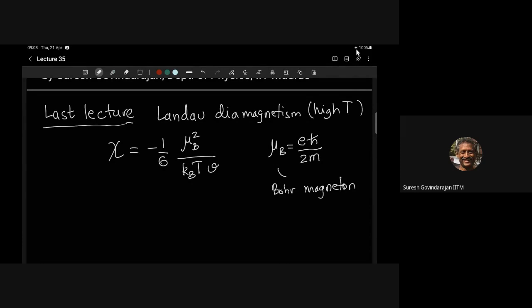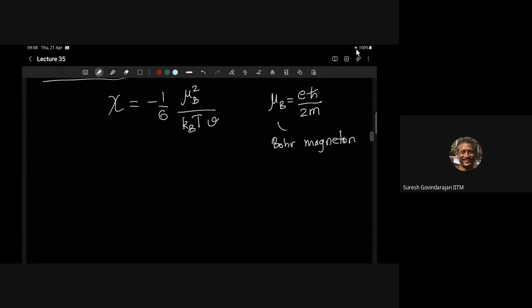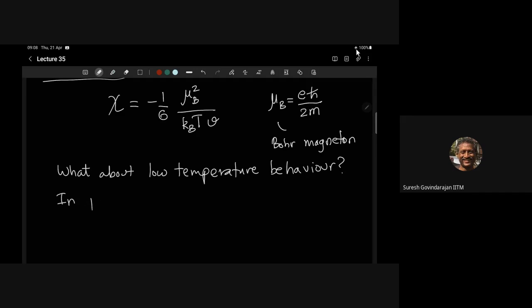Before we do that, what about low temperature behavior? In particular, I won't do T greater than 0, because T equal to 0 is interesting in itself.